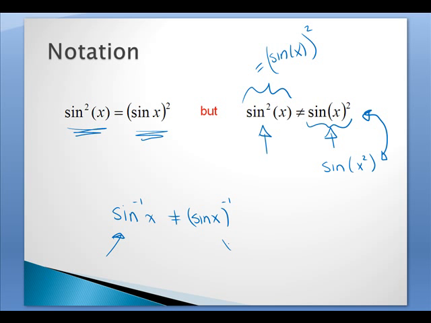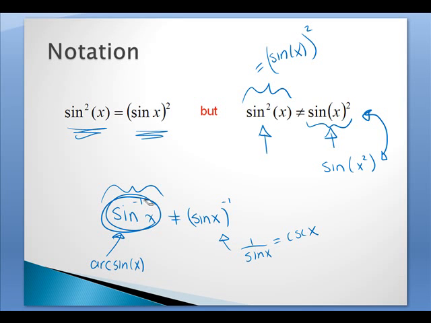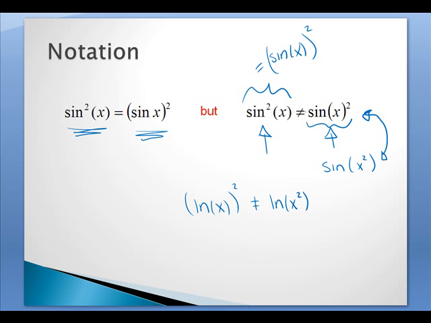The one on the right here is actually 1 over sine x, which is actually equivalent to cosecant x. So it's very different. Cosecant x does not equal the arc sine x, or the inverse function for sine x. To avoid this confusion or reduce this confusion, your instructor should actually use arc sine x instead of sine to the negative 1 here.